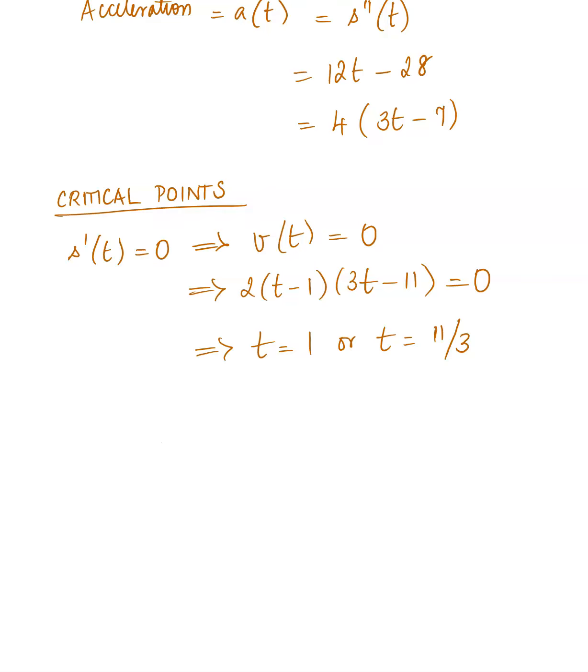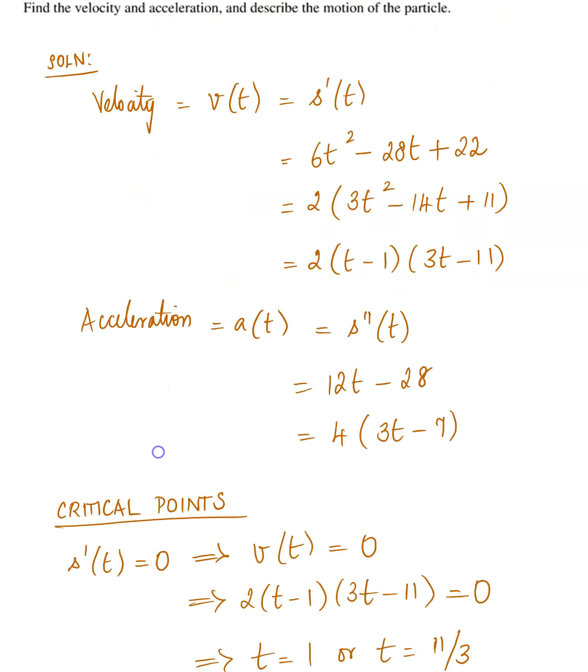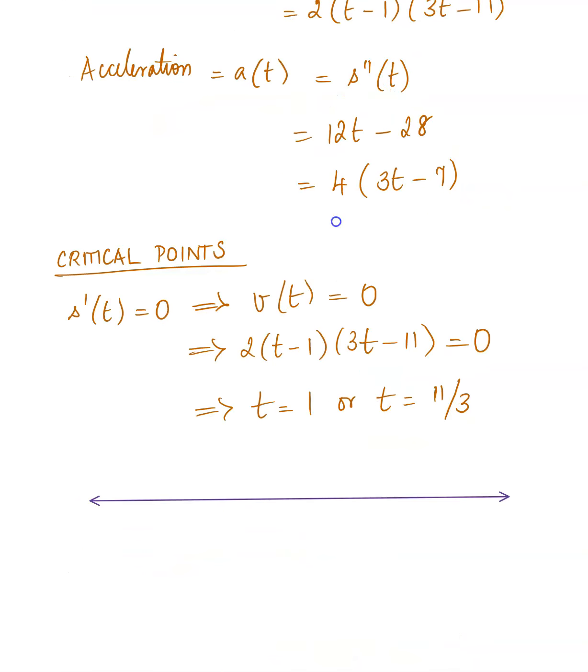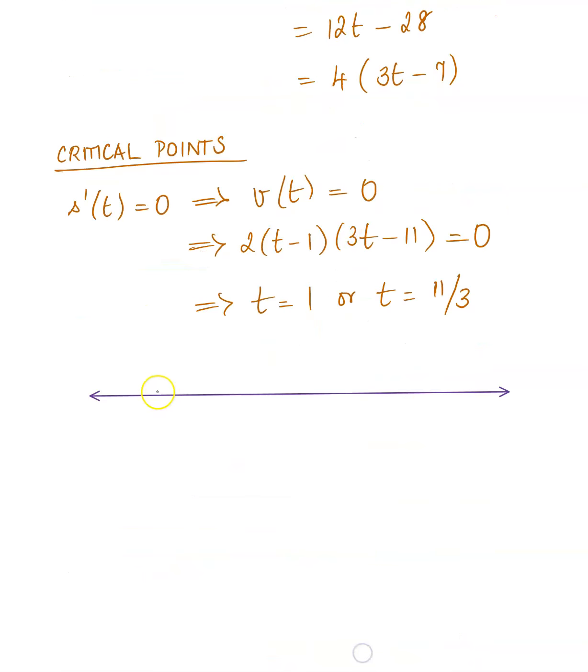Now we can draw the number line and mark these points. Let me take you back quickly to the problem. t is greater than or equal to 0. So there is a starting point for t. I'm going to mark this as 0 so that I can accommodate the other values. Then we have 1 here and 11 over 3 here.